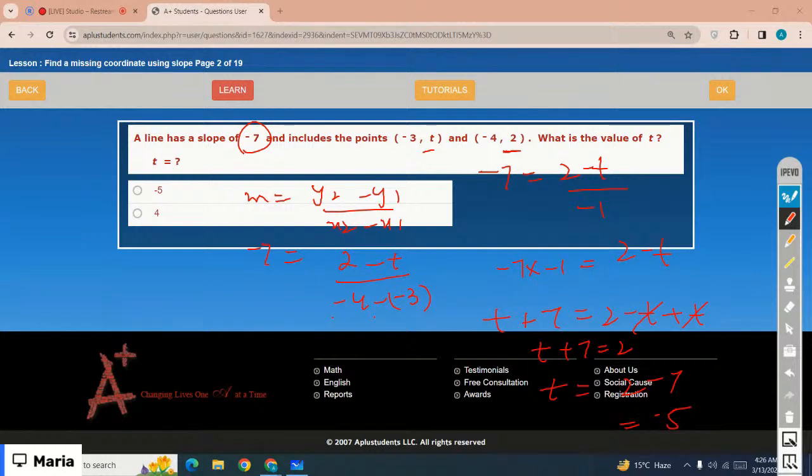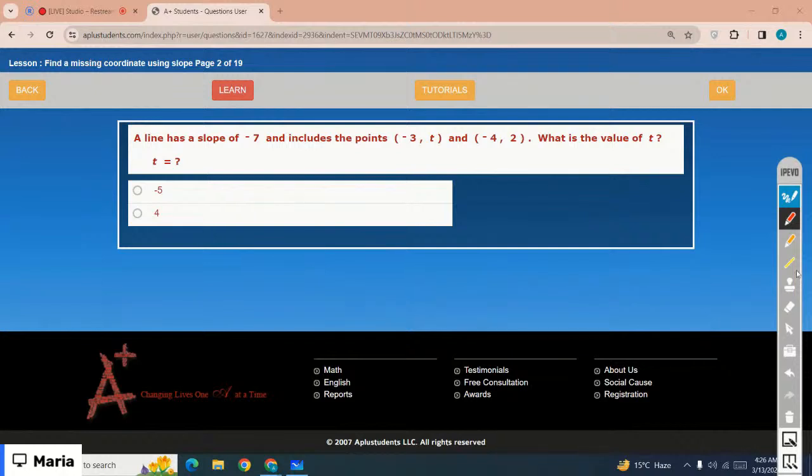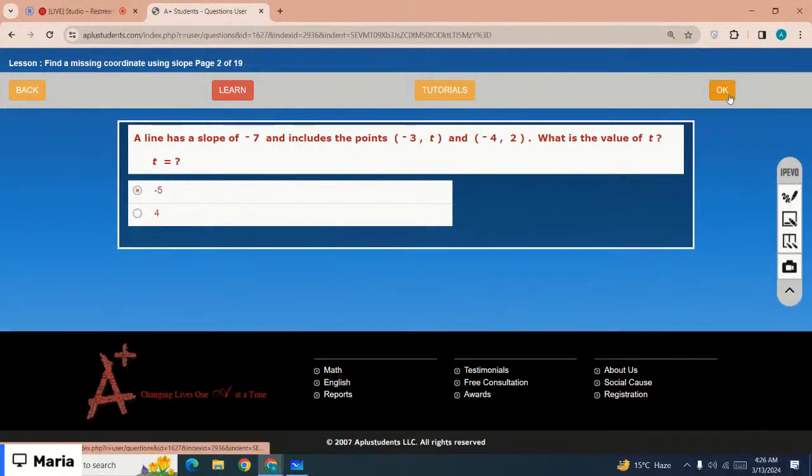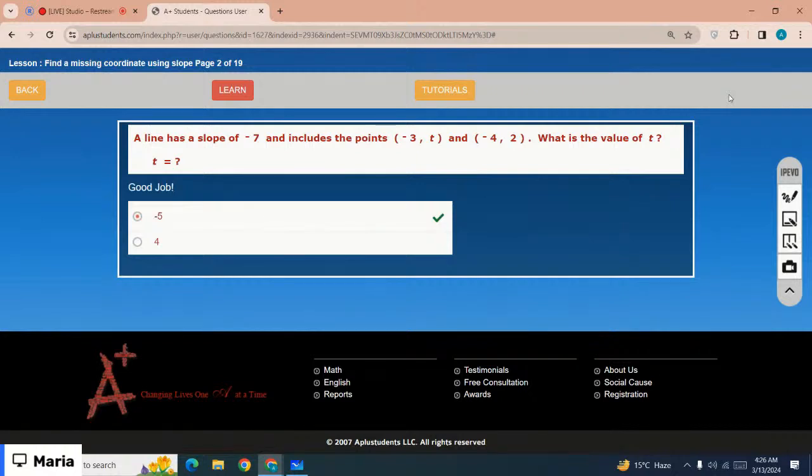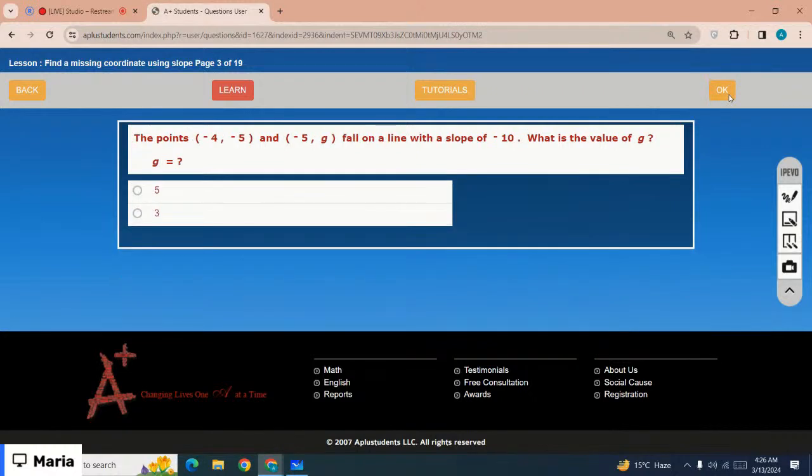So the correct option is negative 5. A bit tricky, but not difficult.